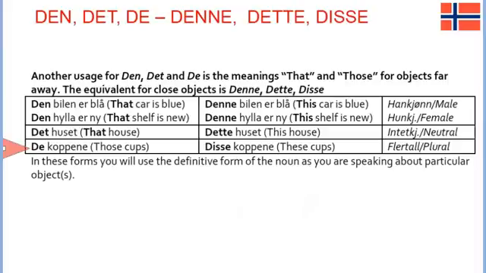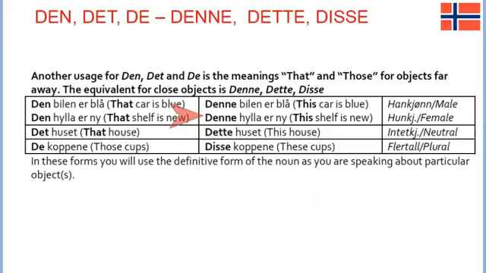Now, the equivalent of den, det, de in this context, where we are referring to this and these, is denne, dette, disse. So let's go through the same. Denne bilen er blå. Bilen, still a male noun, so then denne for this. Same as always, male and female have the same conjugation when it comes to pronouns and adjectives, etc. So denne bilen er blå, denne hylla er ny.